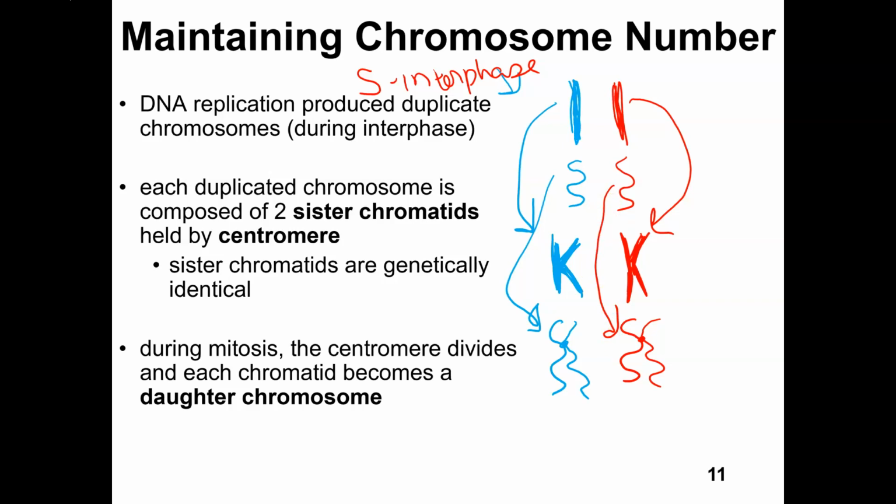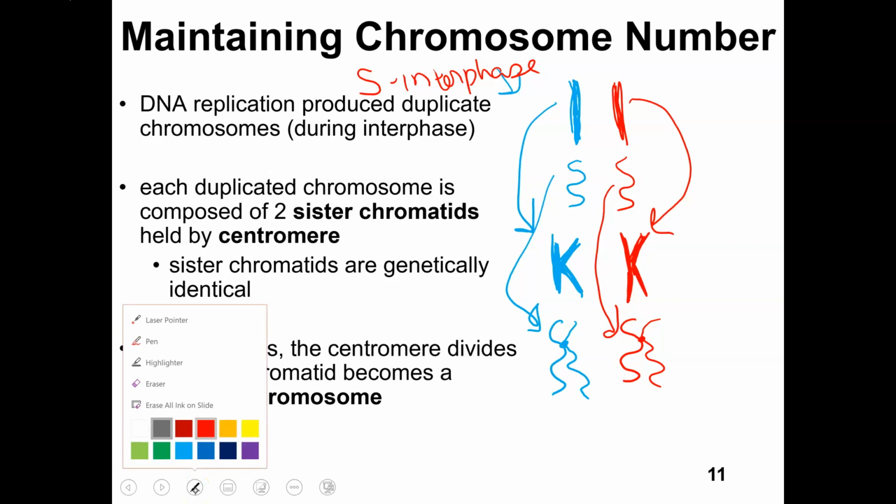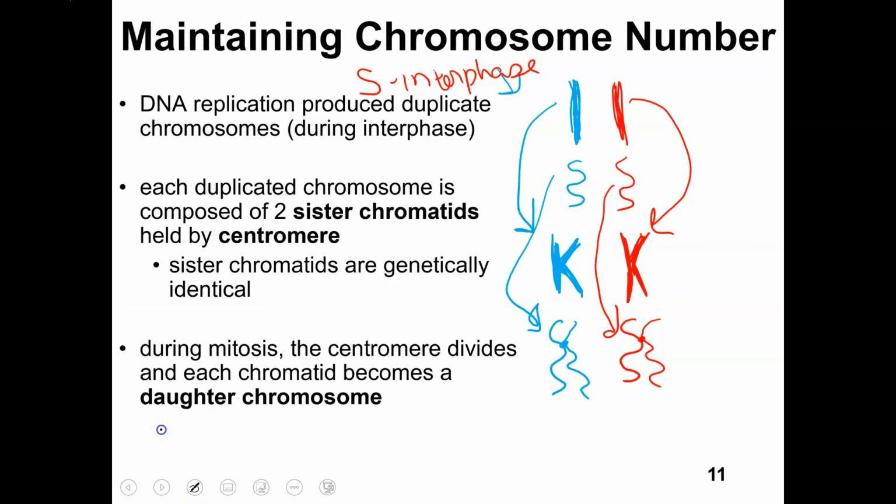So each of these chromosomes is now consisting of 2 sister chromatids. So this is a chromosome consisting of 1 chromatid. This is 1 chromosome consisting of 2 sister chromatids, and they're held at a region known as the centromere. So that's the centromere.